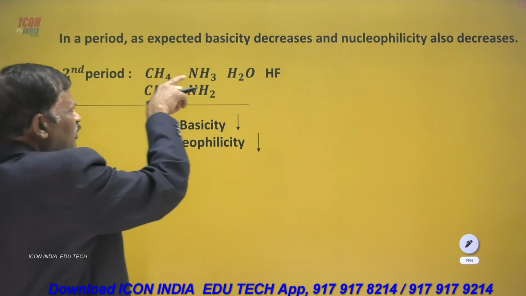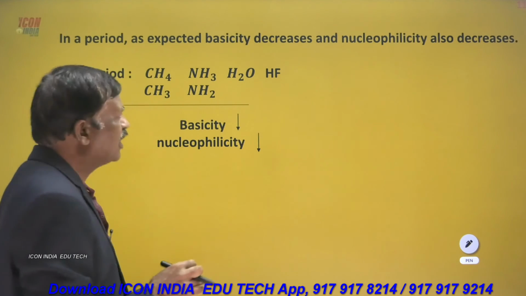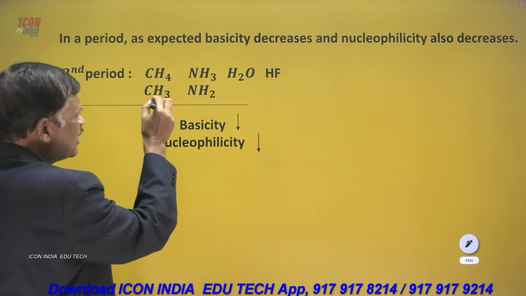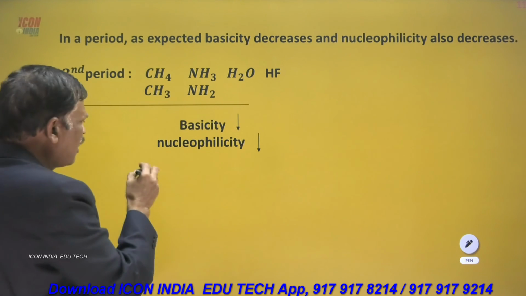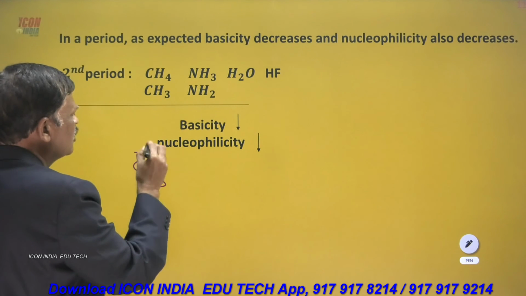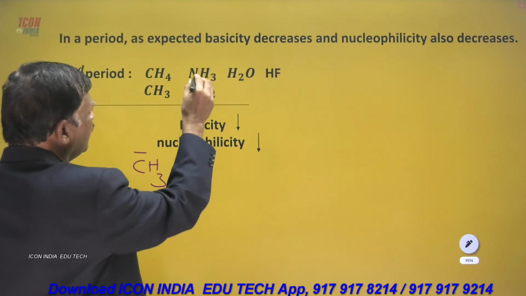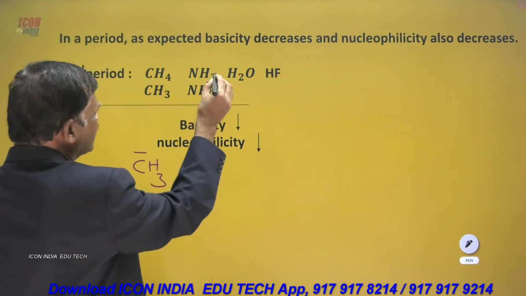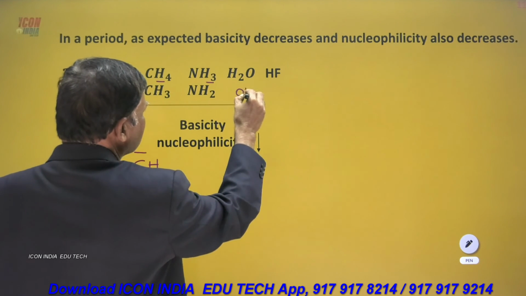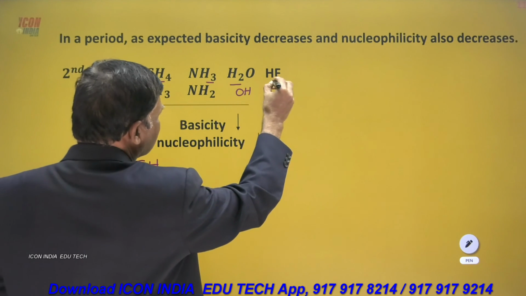That's why as you move from left to right, acidic nature is clearly increasing. If acidic nature increases, consider the basic nature of their conjugate bases: the conjugate base of methane is CH3 minus, of NH3 is NH2 minus, of H2O is OH minus, of HF is F minus.